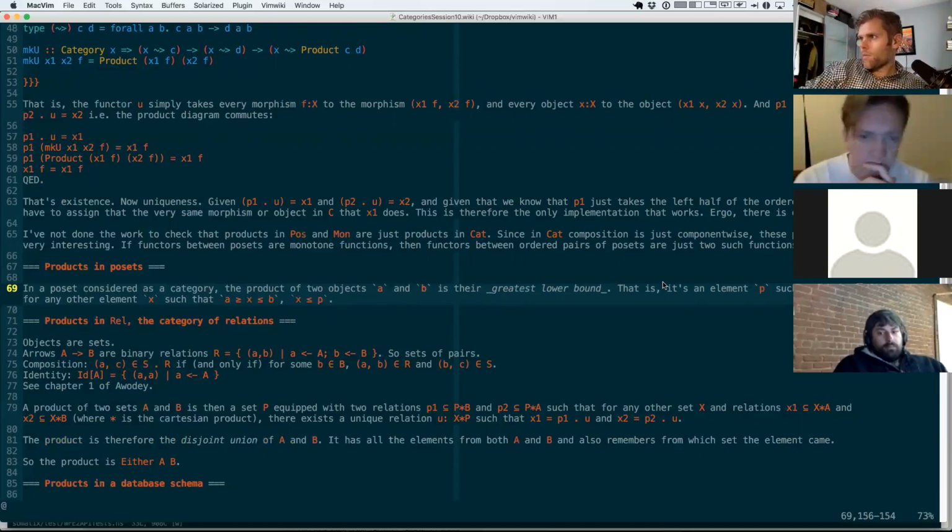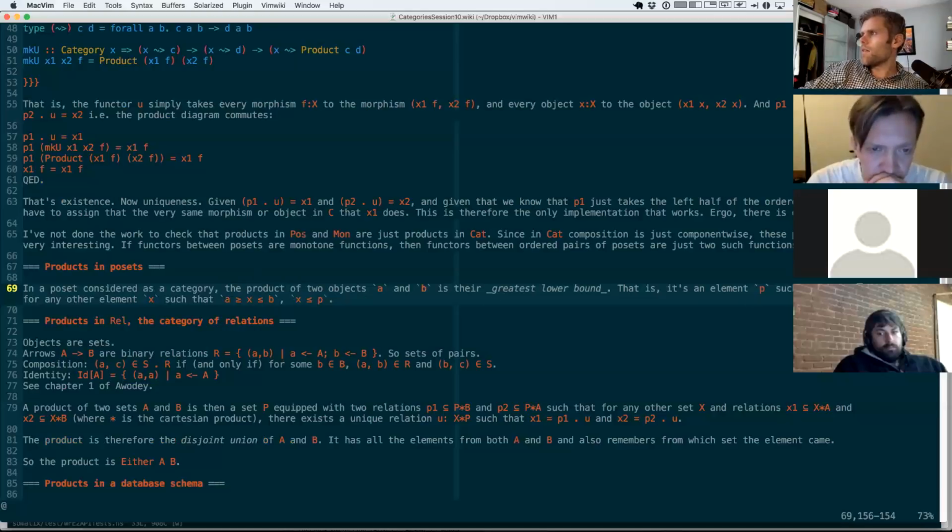Right, so that means we can see that there's some P such that for every other X that is also, sorry, it's not between them.